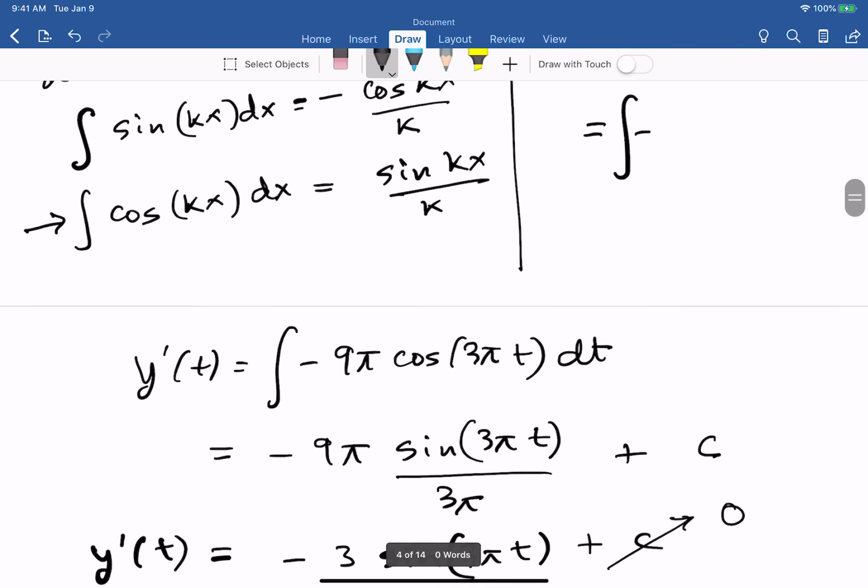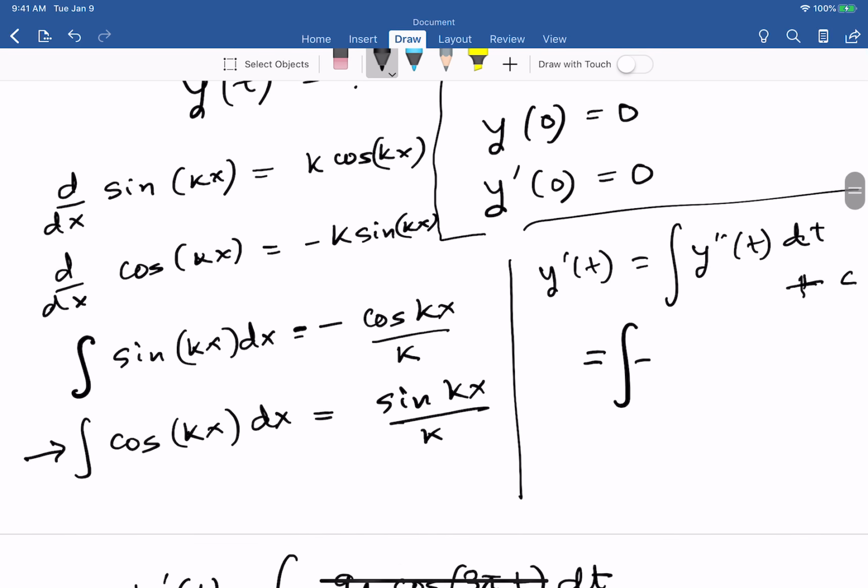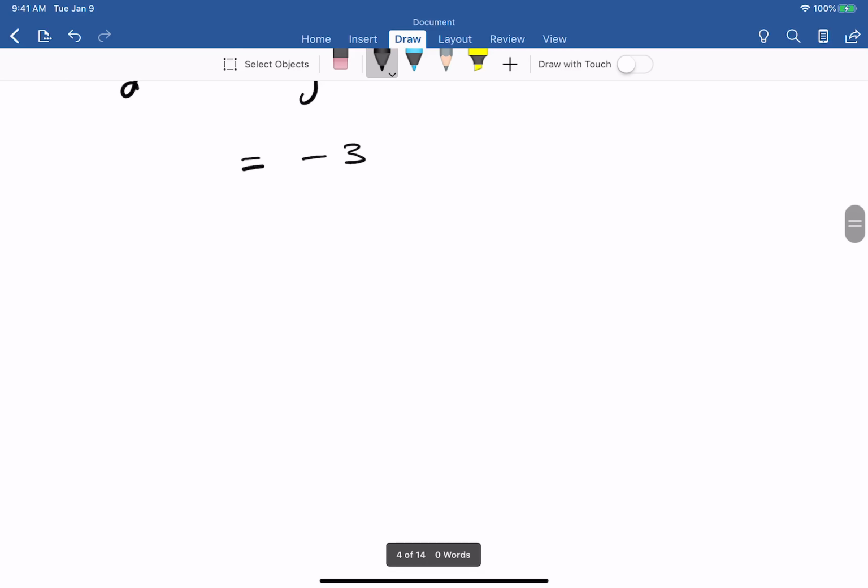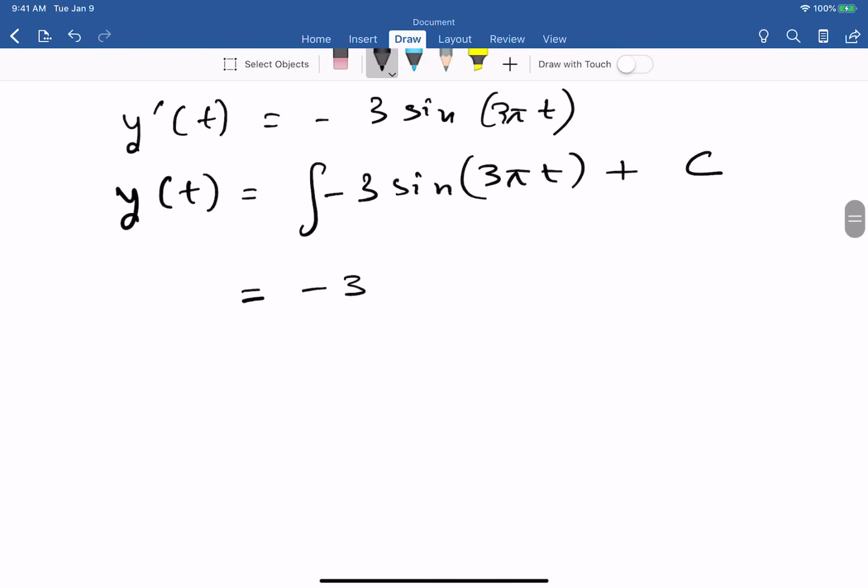When you integrate sine, you get minus cosine, right? So this would be cosine 3 pi t divided by 3 pi, and another minus comes out of the integration, which cancels out the minus that's already there, plus c. So that's y of t.